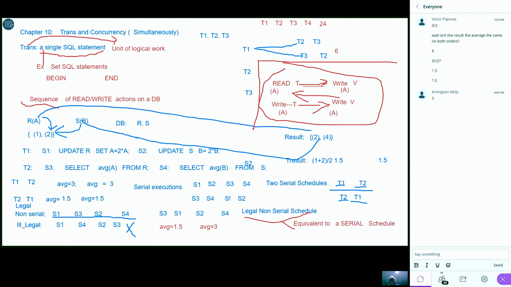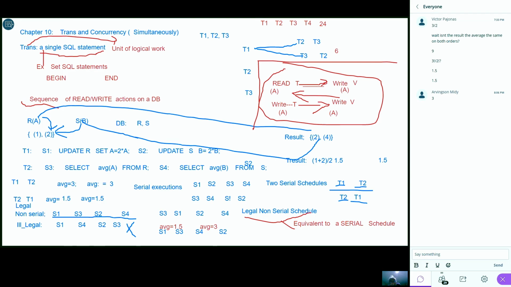Is that schedule legal? Yes, because the order of steps of each transaction is preserved: S1 comes first, S2 second, and S3 first, S4 second. So what's the answer here?